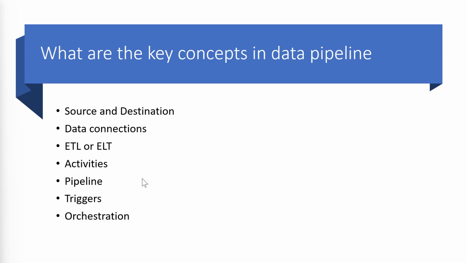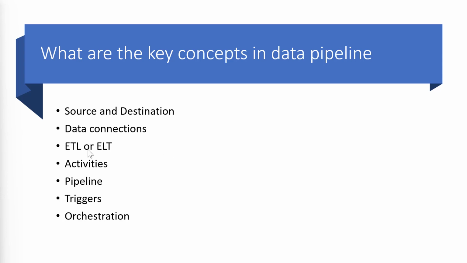Each activity stands for a step of your ETL process. A pipeline is a logical group of activities to accomplish a higher level goal. Triggers decide when you want your data pipeline to run.